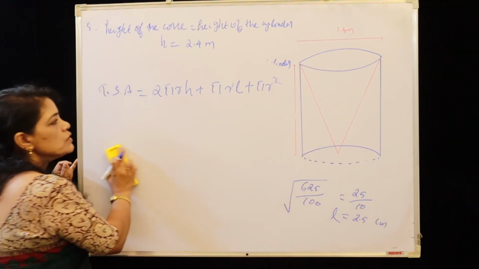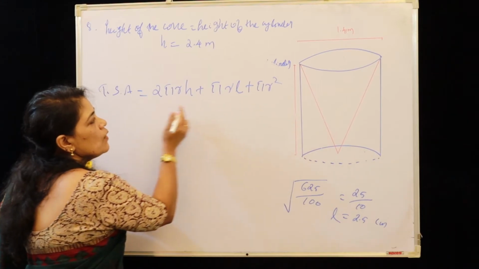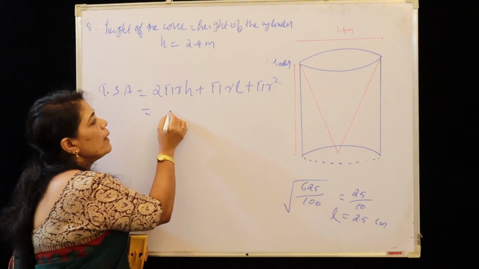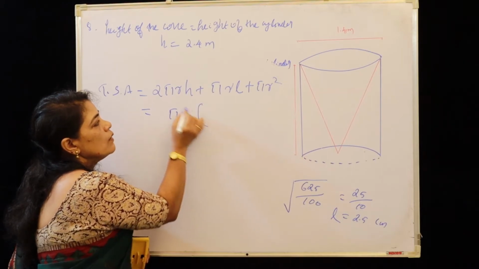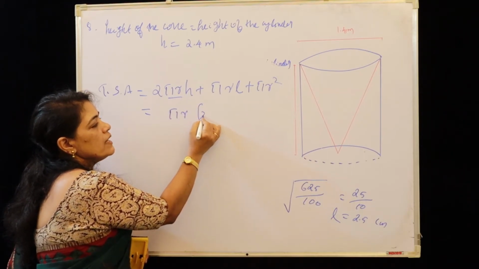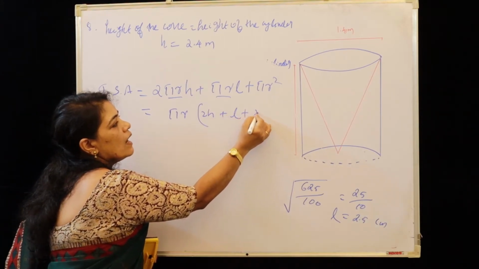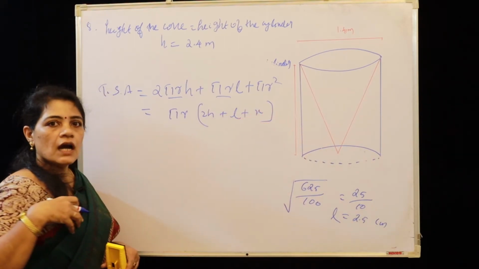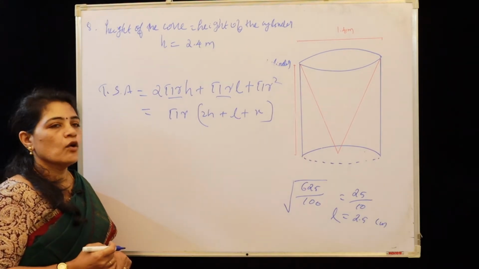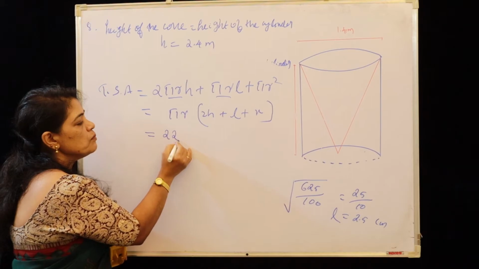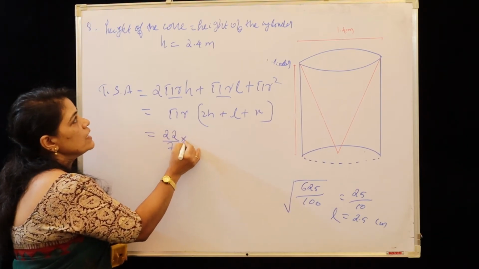So from these three, since the radius is the same, you can take pi r common. So 2h remains in the first term, l in the second term, and r comes in the third term. After taking pi r common, now we can substitute 22 by 7, and what is radius?